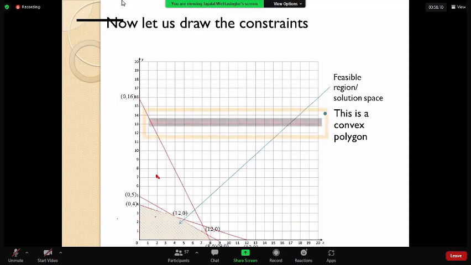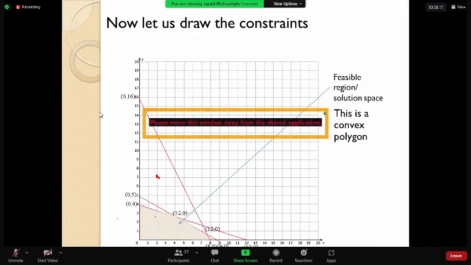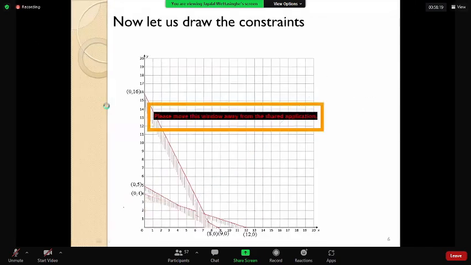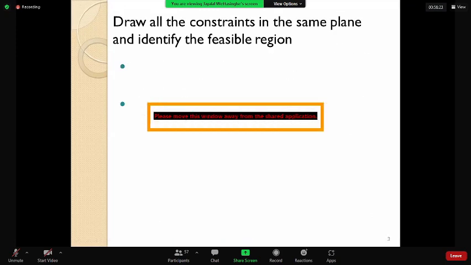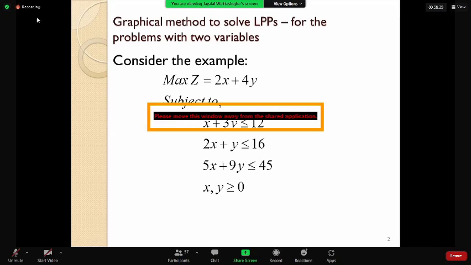Now the basic idea of this graphical method is we have the objective function. Now for this particular example, objective function is 2x plus 4y. Now we have the feasible region.